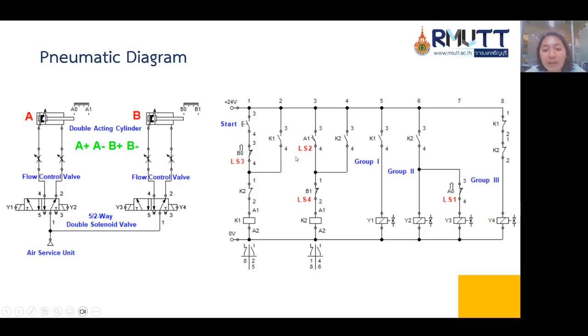And then this is the electric circuit, the cascade configuration.